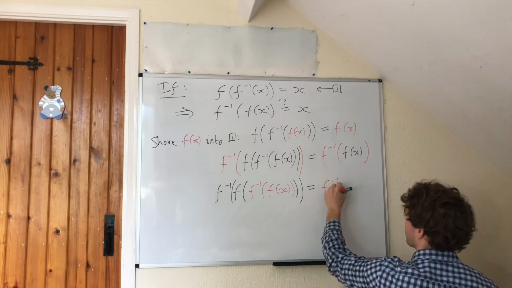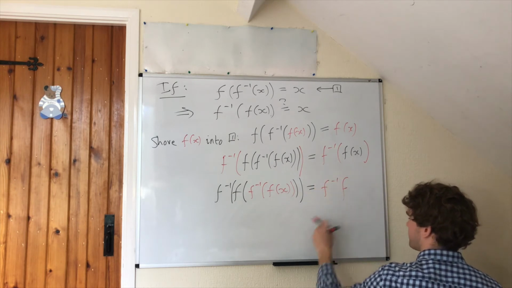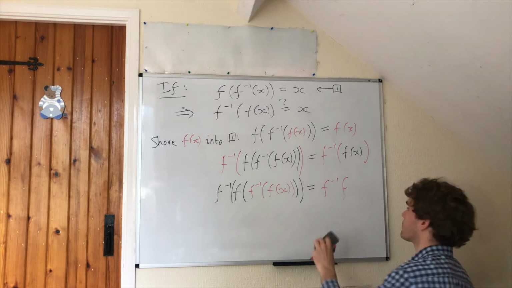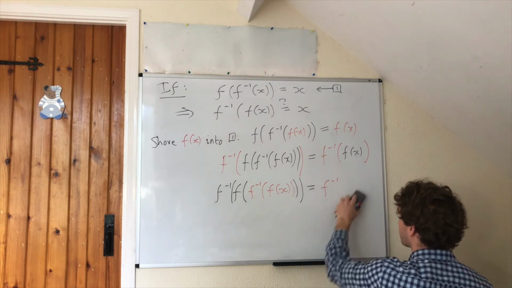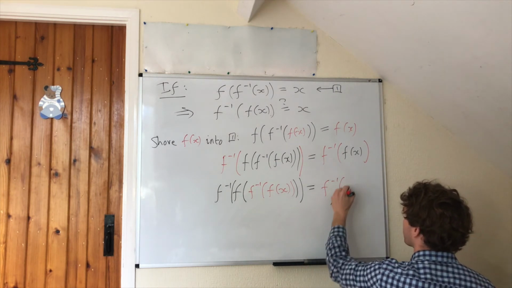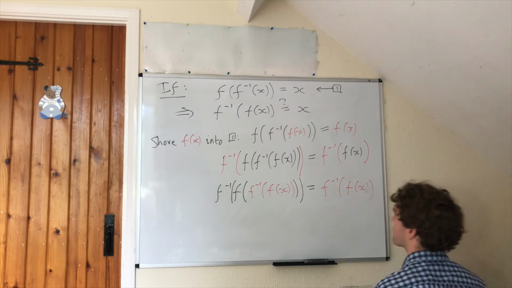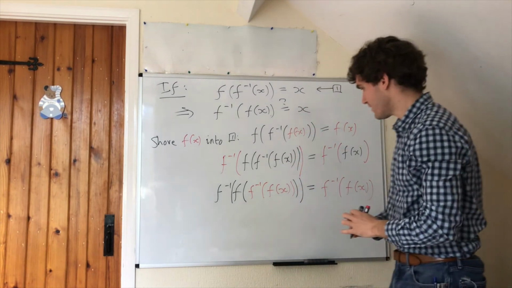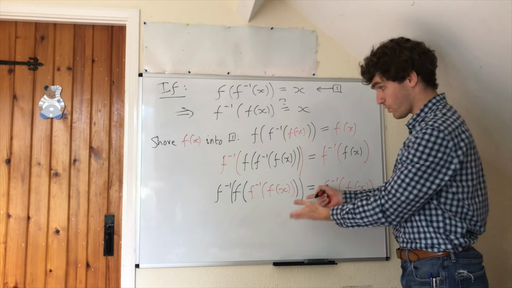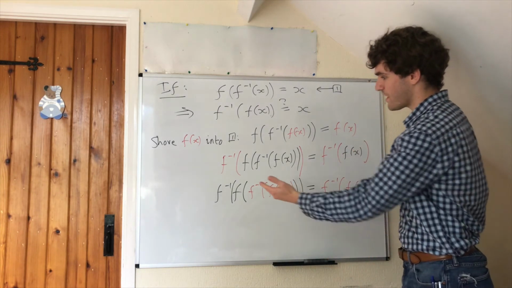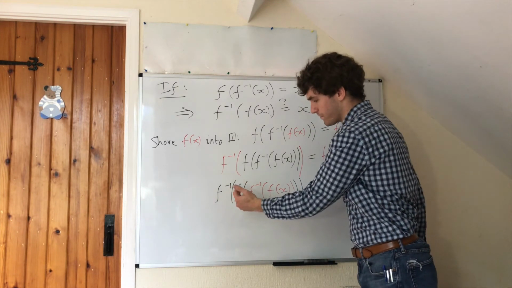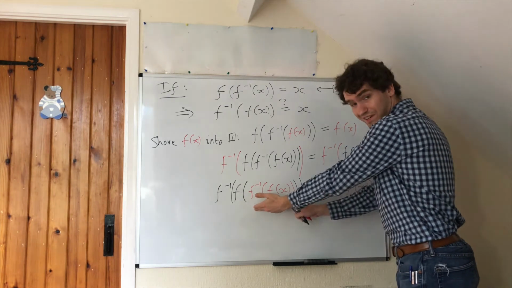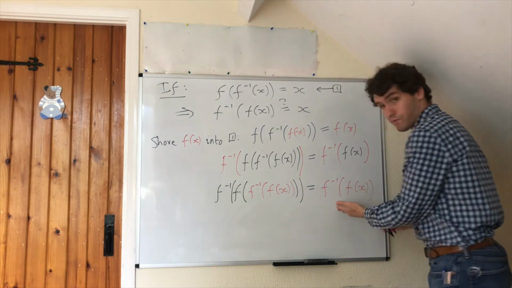I'm going to write this in red. Okay, so what this equation is saying, that if you take the inverse of the function of this red thing, then it spits out this red thing.